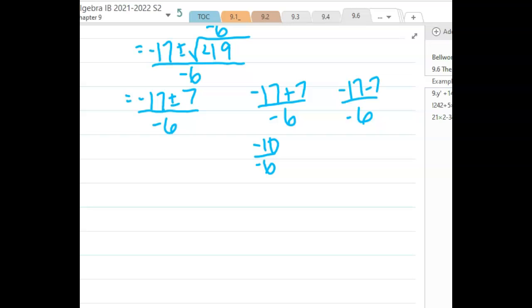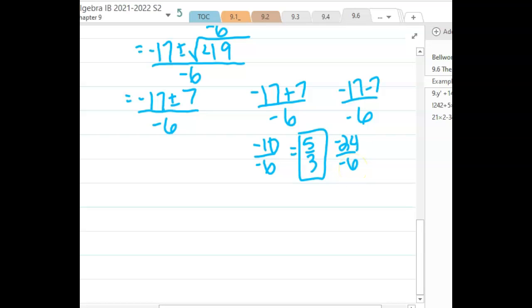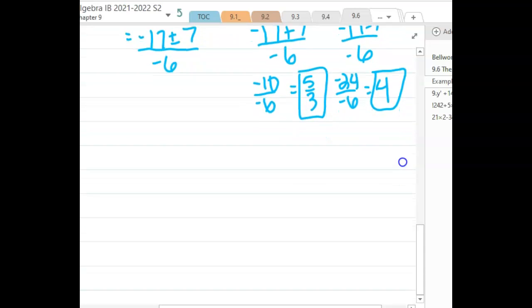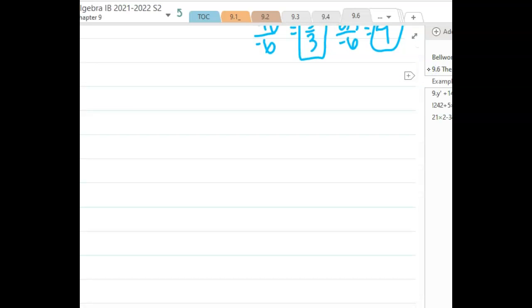If you divide each of these by 2, you would get 5 over 3 for one of your answers. And for the other answer, negative 17 minus 7 is negative 24. Negative 24 over negative 6 gives me a positive 4.